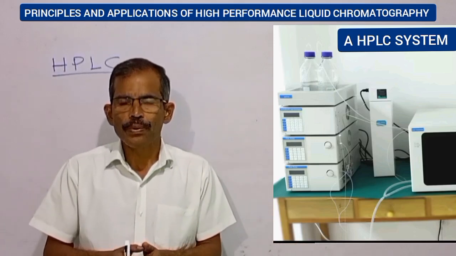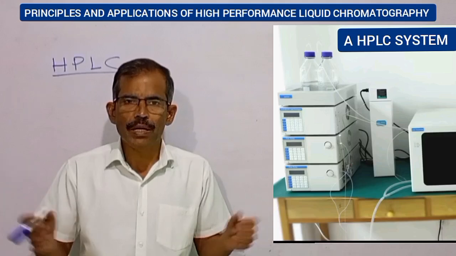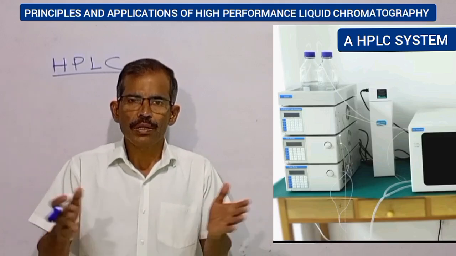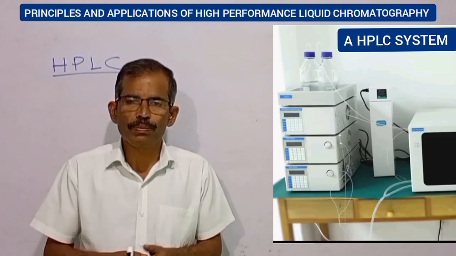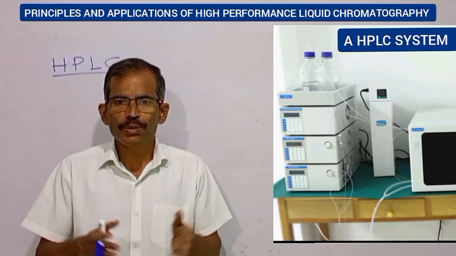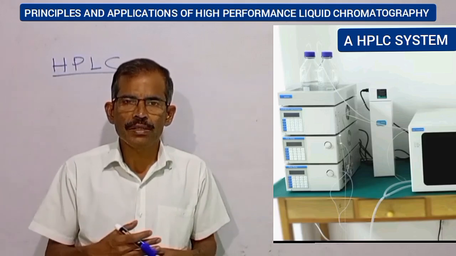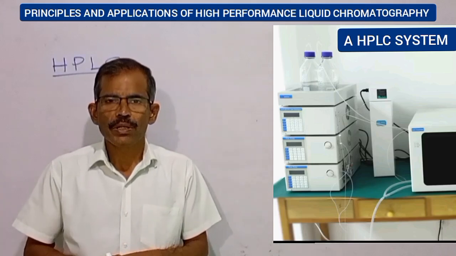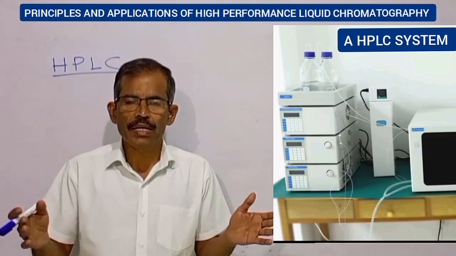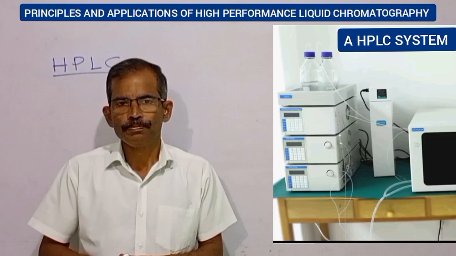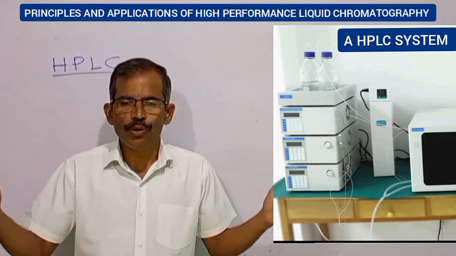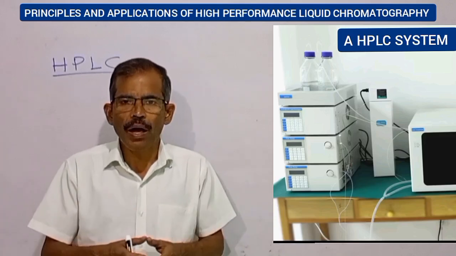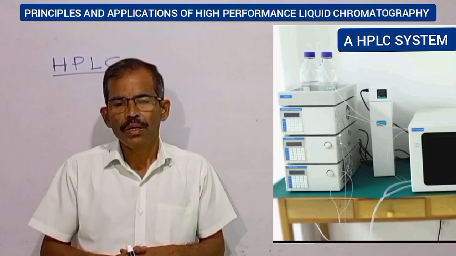Although this step reduces the time of the experiment, it also reduces the efficiency of the column. This is because the sample components undergo a lesser number of equilibrations between the stationary phase and the mobile phase. To increase the flow rate, one has to apply a high pressure.